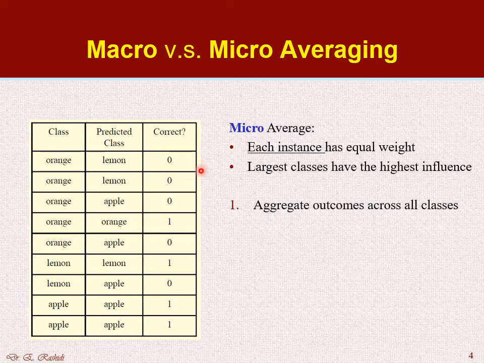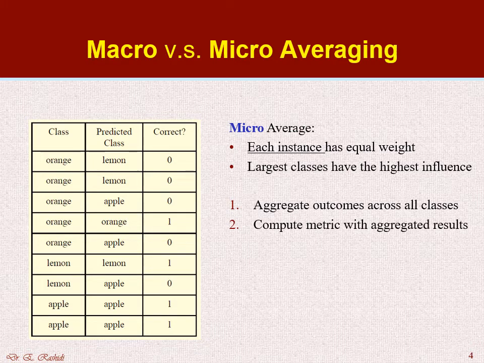And out of these 9 instances, for orange, 1 instance has been predicted correctly, 1 instance for lemon and 2 instances for apple have been predicted correctly. So that's a total of 4. That means 4 out of 9 have been predicted correctly.